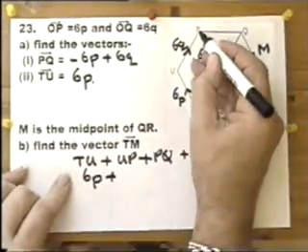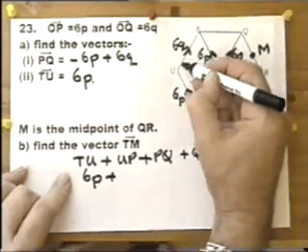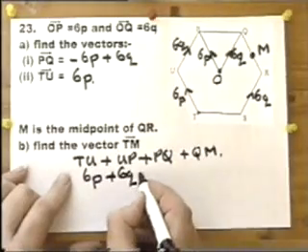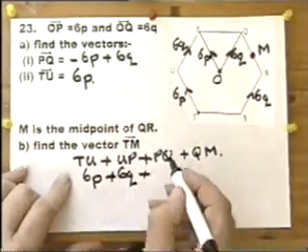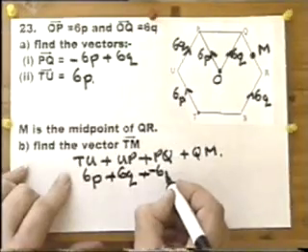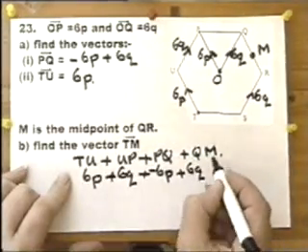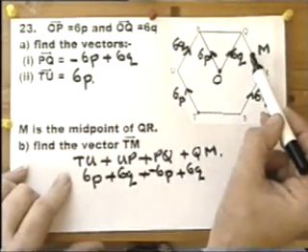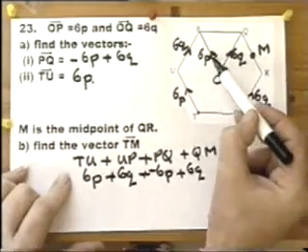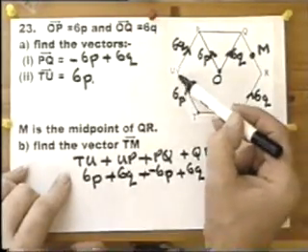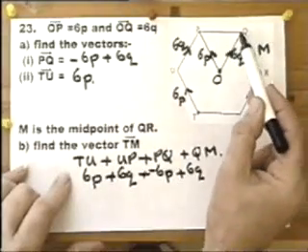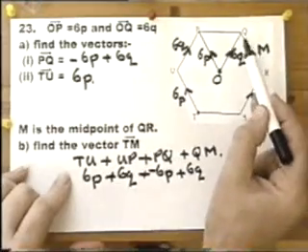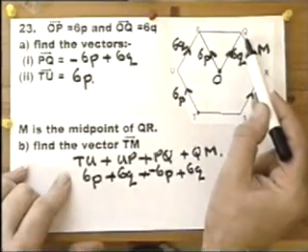U to P uses that piece of information from the beginning: they're parallel and the same length, so that must be 6q. P to Q is the answer there, so let's write that in. And QM: remember what I said at the beginning? That's 6p, but going the opposite way it is minus 6p. And as this is going halfway, this is minus 3p.